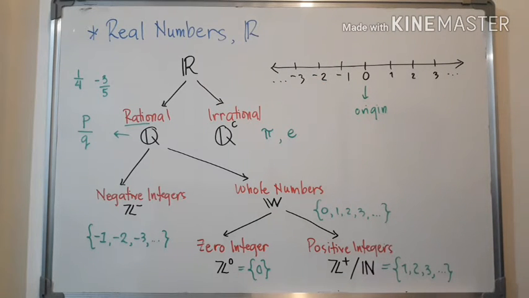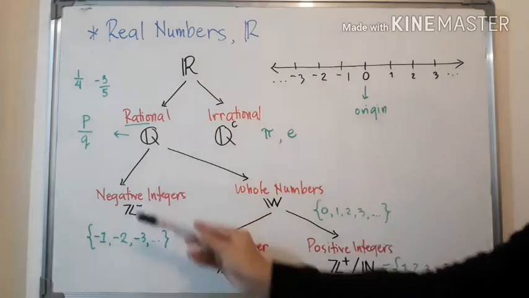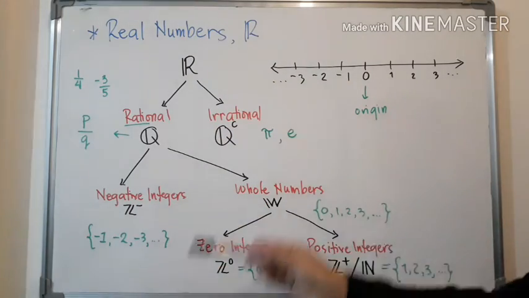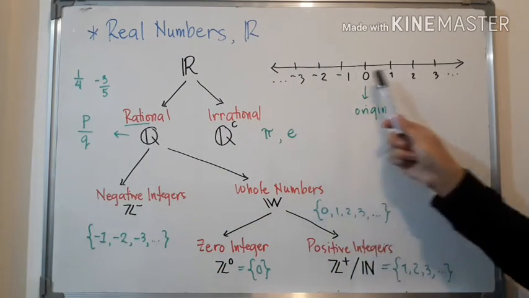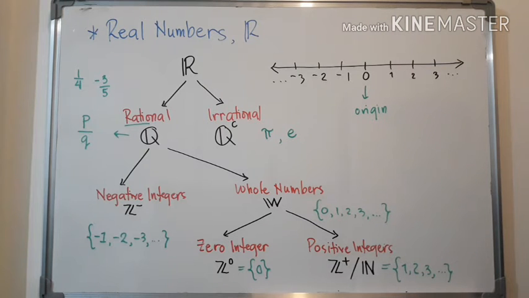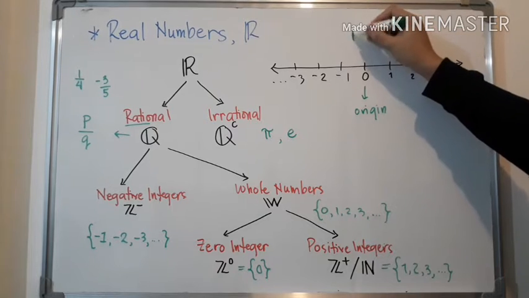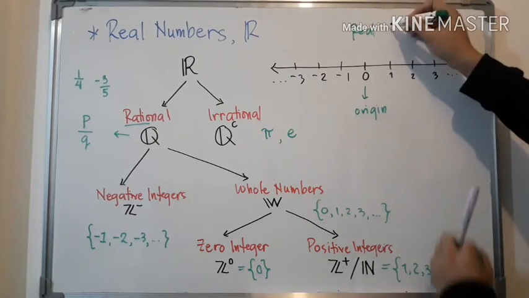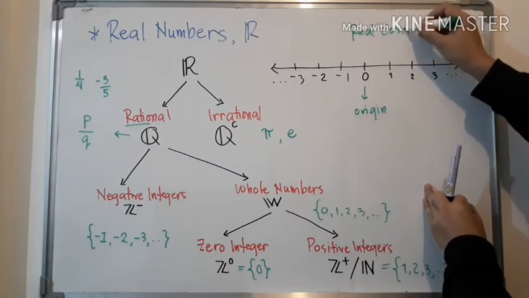Now, this family of real numbers are all present in this graph of real numbers. By the way, we call this graph the real continuum.